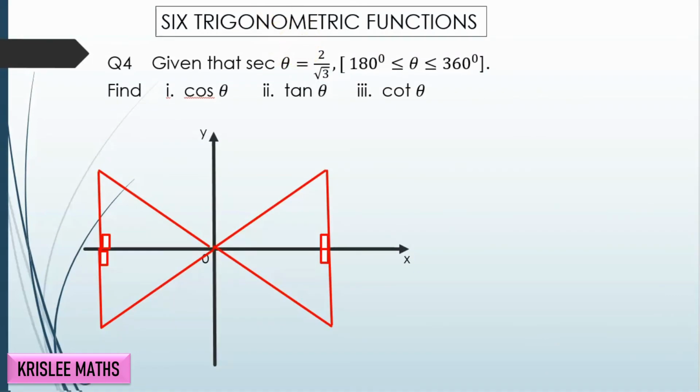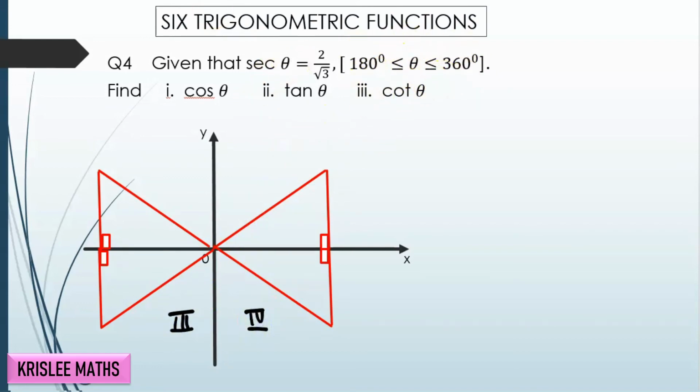Question 4. Given that secant theta equals 2 over square root of 3 and theta lies between 180 and 360, we just consider quadrant 3 and quadrant 4 based on the given range of angle.